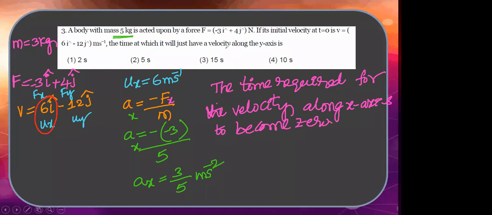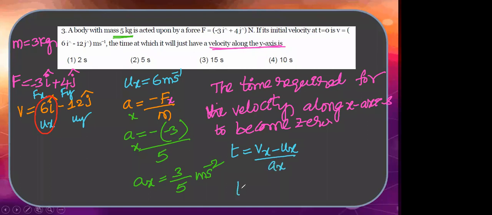Therefore, the time period t is equal to final velocity vx minus ux divided by acceleration ax.